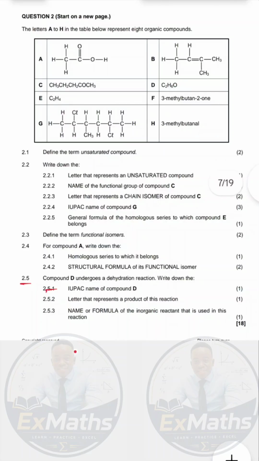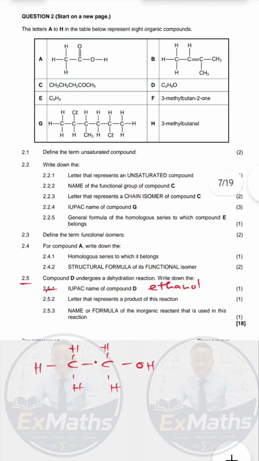So this is going to be an alcohol which has 2 carbons, 1, 2. That is going to be like this. Then we have our hydroxyl group, and the rest is the hydrogen atoms. So what is the IUPAC name of this one? Only have 2 carbons, so this is ethanol.